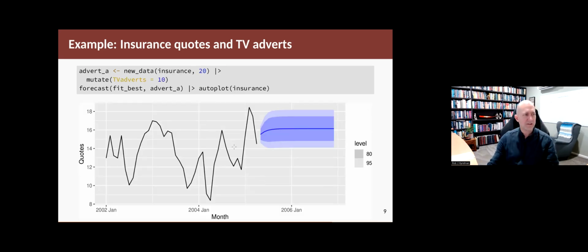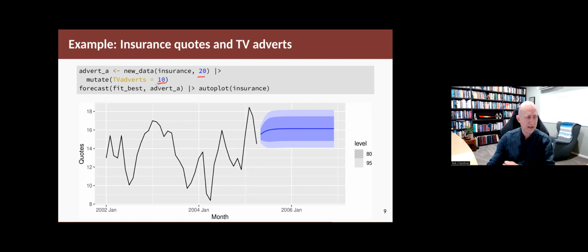So we're going to use a scenario approach where we look at what happens if we spend different amounts of money. If we spent 10 units of advertising, this is what we get. We're going 20 steps ahead. That's what that 20 is, how many steps ahead.